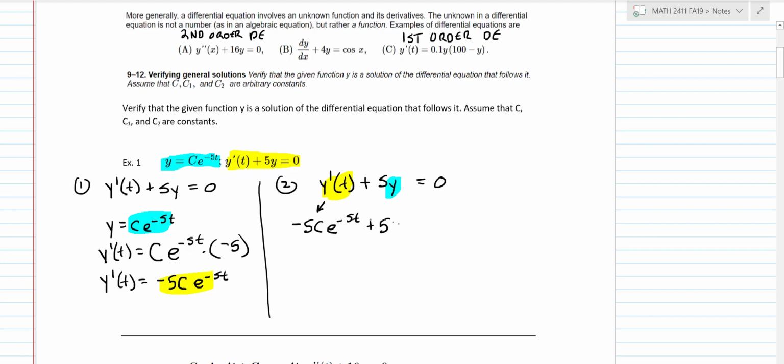Okay, plug in the y. So the y is this thing. So that is c e to the negative 5t, and notice on this that will be 0. Okay, so we have a negative 5 and a plus 5, so that becomes 0. So that checks and verifies that that is a solution. Okay, and notice that that is a function. All right, so that satisfies the differential equation.